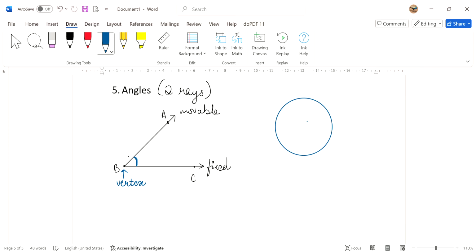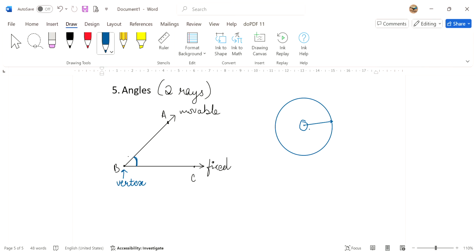So this whole circle is divided into 360 parts, and each part is called a degree. So 1 degree, 2 degrees, 3 degrees, like that you have 360 degrees. So a whole circle is 360 degrees. An angle is basically the measure.